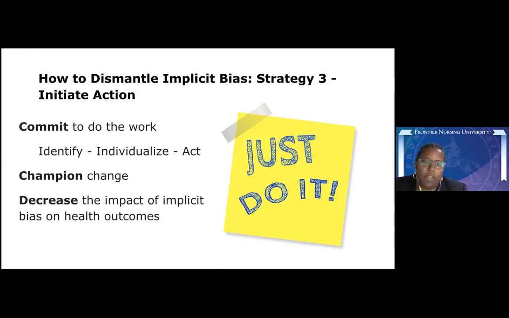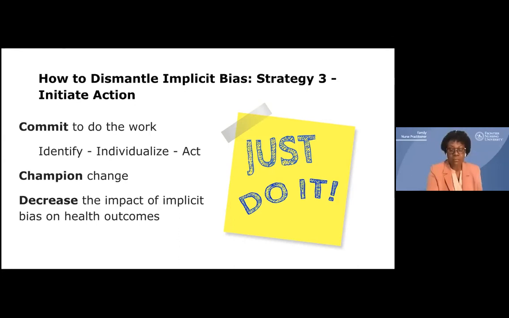It's not a matter of doing a checklist to check them off, but where you find that you need work, be willing to do that work. And I think that we can decrease the impact of implicit bias on health outcomes. We must decrease the impact of implicit bias on health outcomes.